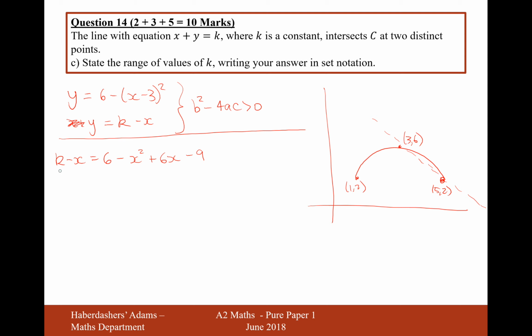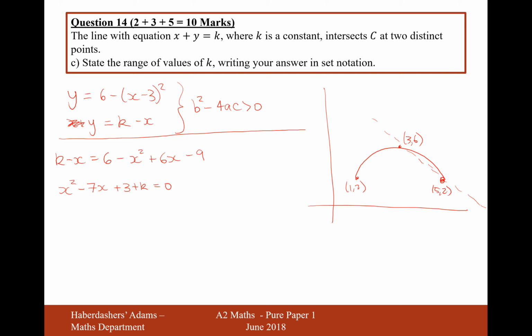Let's now move everything onto the left hand side, so it's going to be x squared plus 6x on, so take away 6x onto the other side, so I'm left with minus 7x on the other side, and then add 9 onto the other side. We've got this take away 6 as we've got take away 6 on the other side as well, so that's going to leave us with plus 3 plus k on the other side.